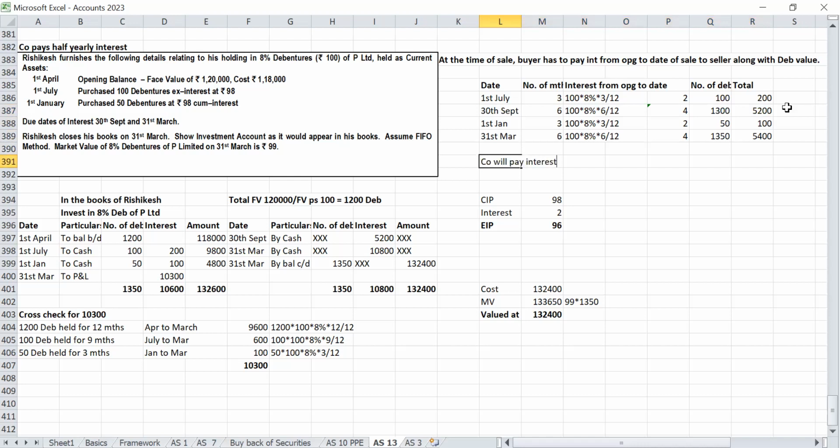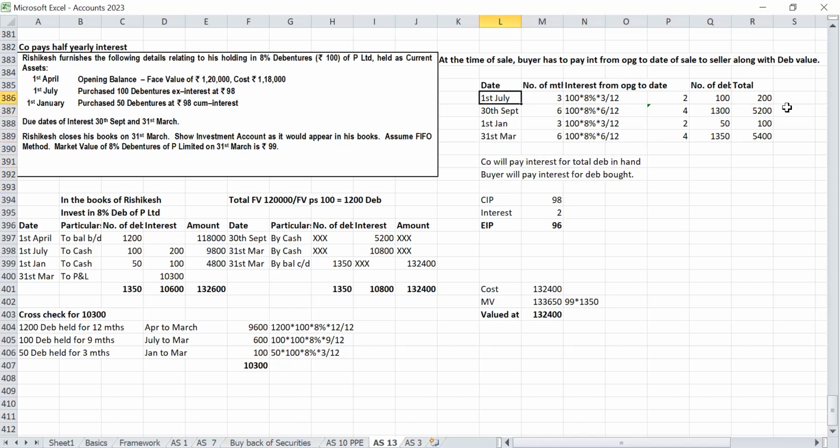Company will pay interest for total debentures in hand. Buyer will pay interest for debentures bought.